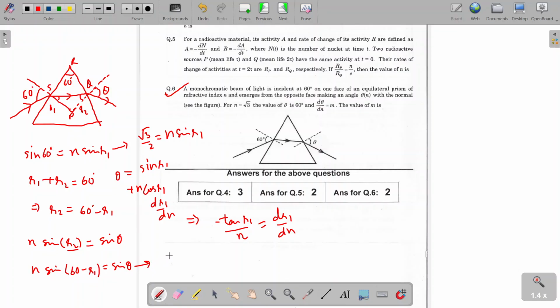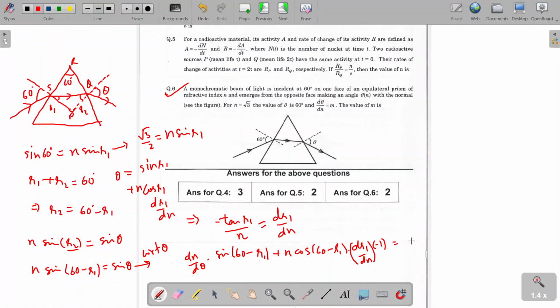Now we will substitute this after differentiating the other expression. Let us differentiate this expression with respect to n. Differentiation of sine is cos, differentiation of r1 is dr1 by dn, and a negative sign comes outside.